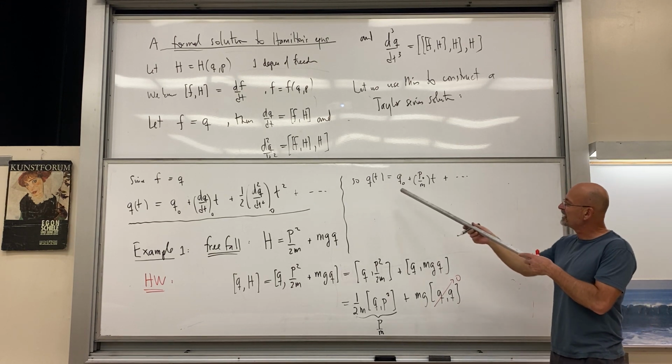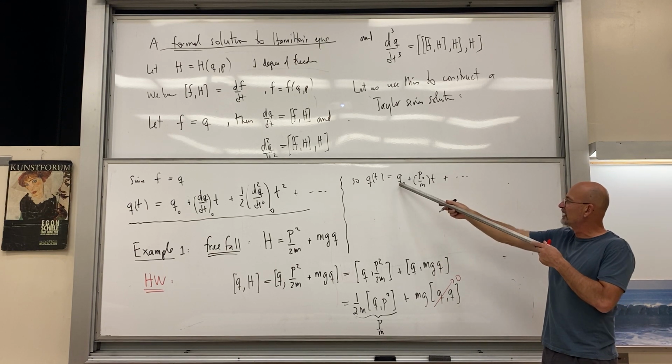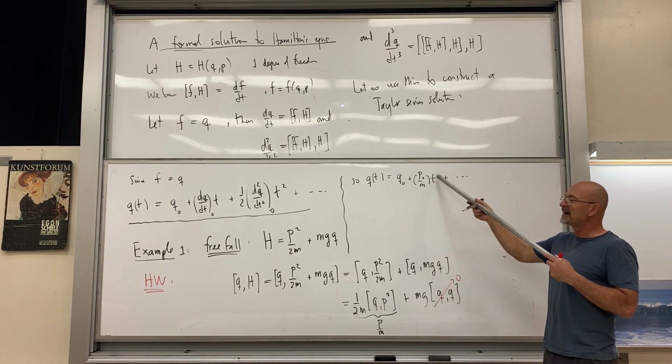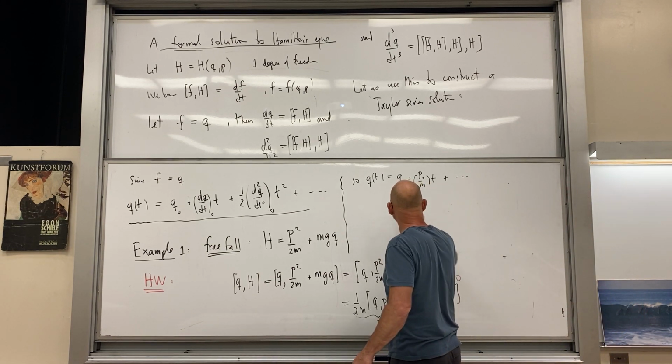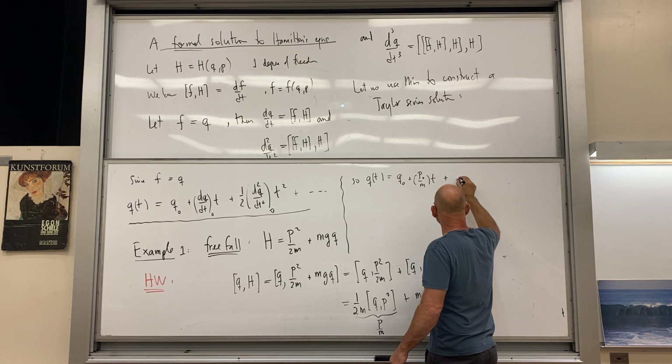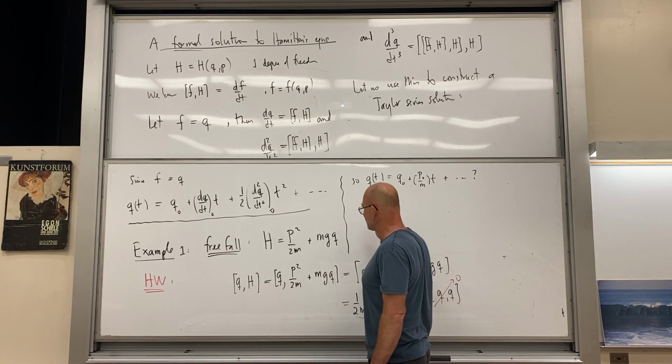So that's the linear part, and you recognize this. This would be MV over M, so this would be Q naught plus V naught t, okay? So the second one, I'm going to write a question mark here, because we're not done yet. So the second one I will leave for you guys to do.